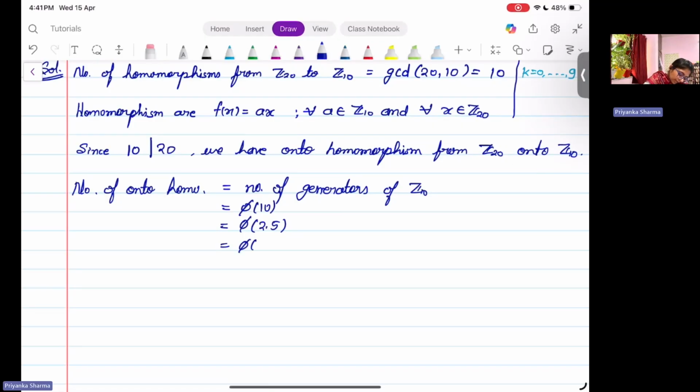So we can split it as phi of 2 times phi of 5, which is 4. So we have 4 onto homomorphisms.